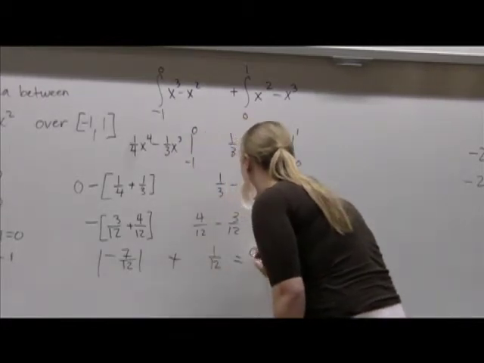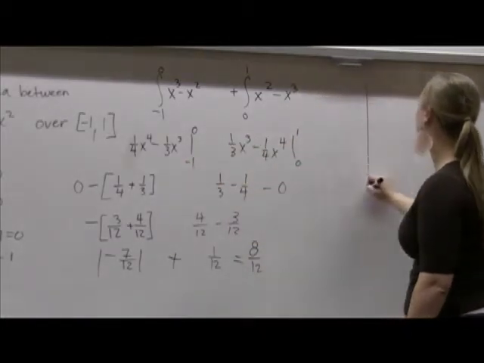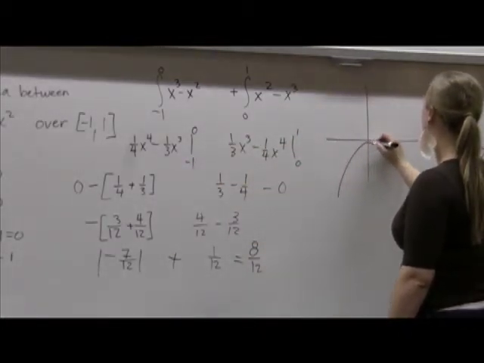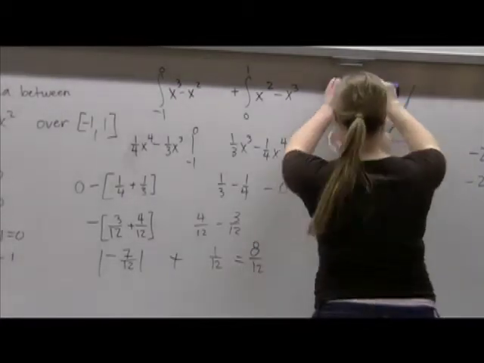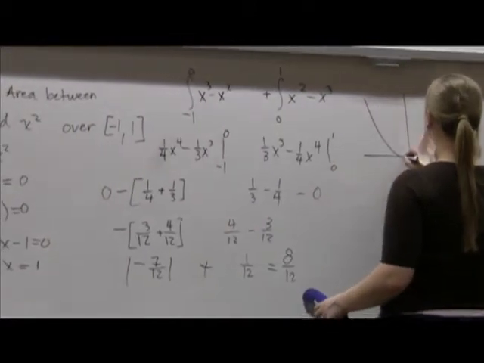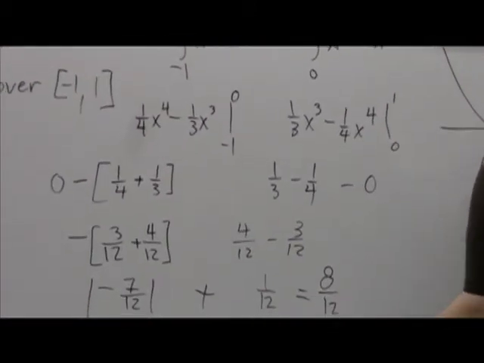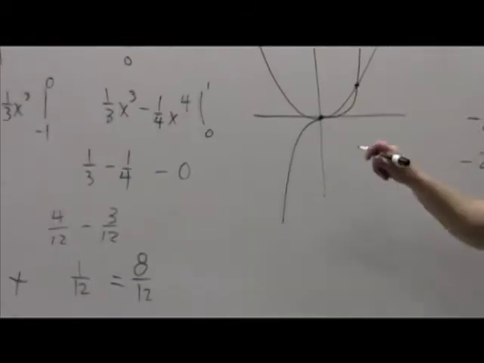Let me explain what I'm talking about. This graph, I don't really know what it looks like. Well, that's a really bad drawing. I know that it crosses at 0 and I know it crosses at 1.